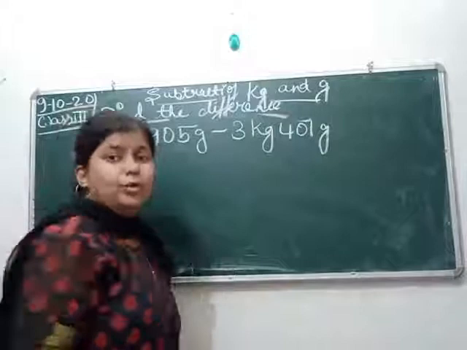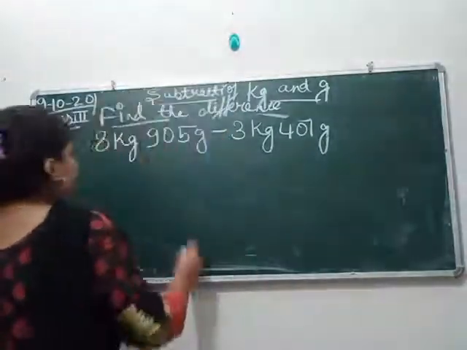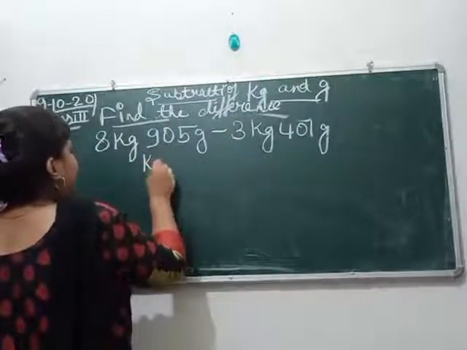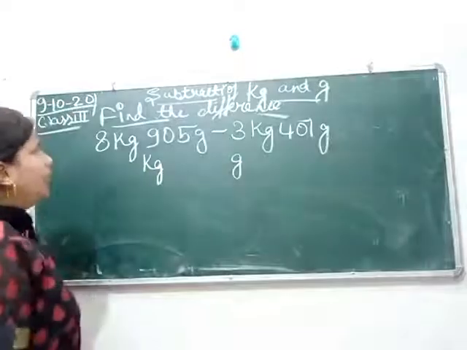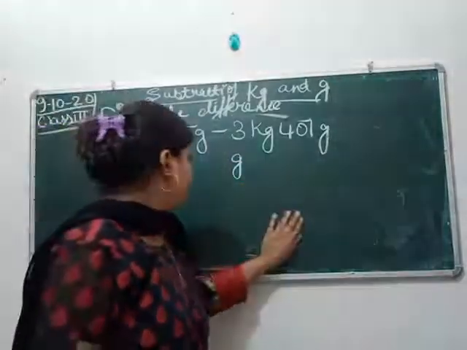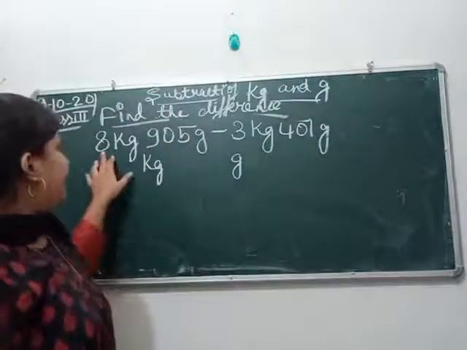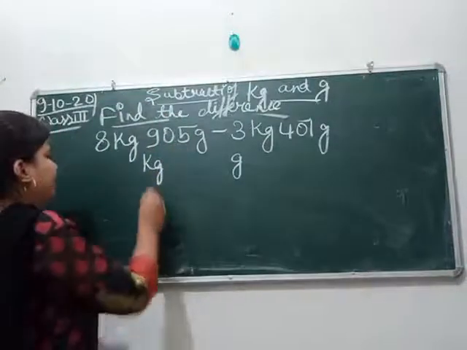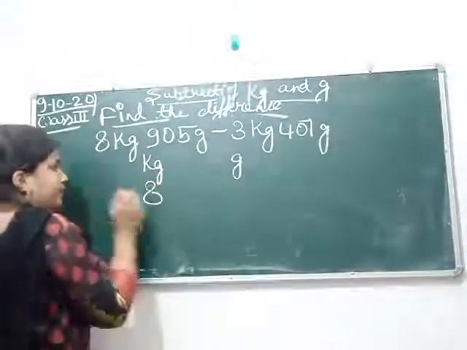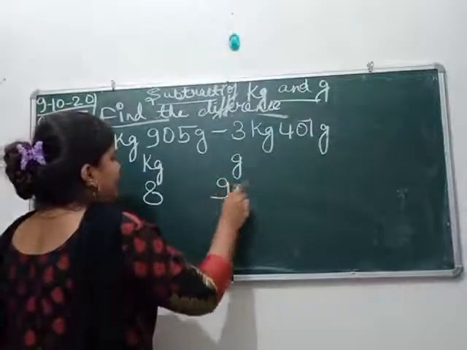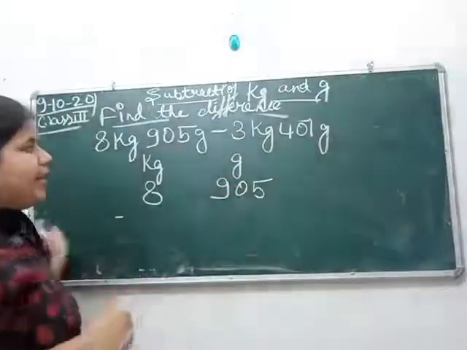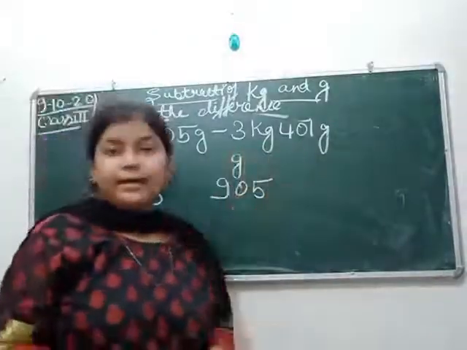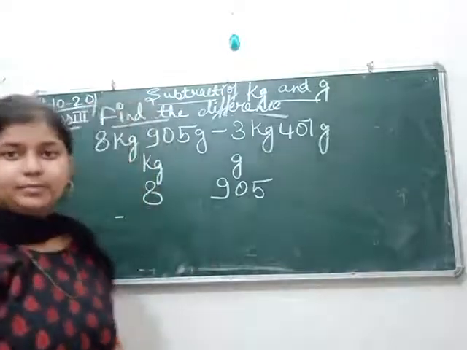This we have to subtract. First of all, we will make two headings, kg and gram. We will write here 8 kg and 905 gram. And we have to subtract 3 kg 401 gram.